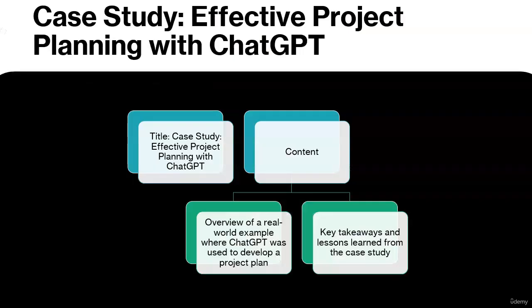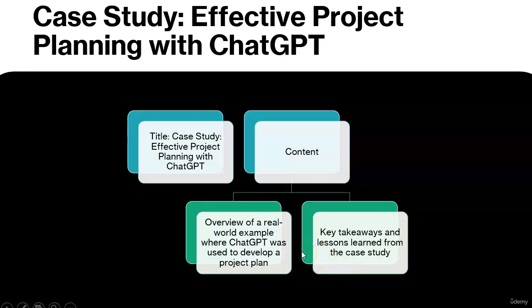Then we will discuss a case study: effective project planning with ChatGPT. To illustrate how effective ChatGPT can be, let's look at a real-world example. In a recent project, a team used ChatGPT to develop a comprehensive plan for a software rollout.